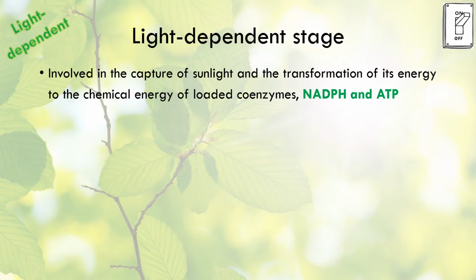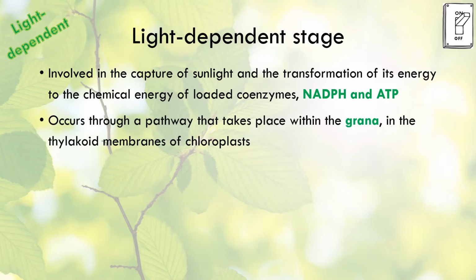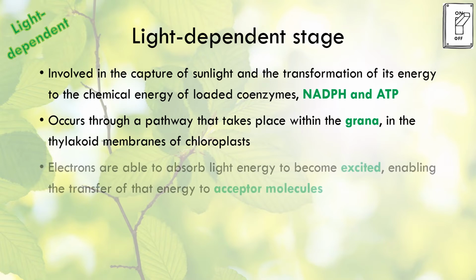So remember, we've got NADPH, where the P is for photosynthesis, and we've got ATP, and of course we've also got the two corresponding unloaded coenzymes, NADP plus and ADP. It occurs through a pathway that takes place within the grana. So each of those thylakoids is where we have this light-dependent stage occurring.